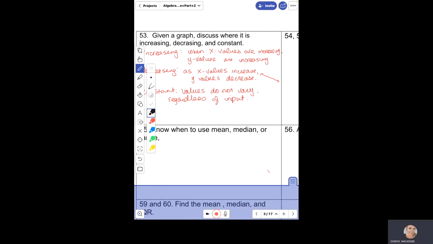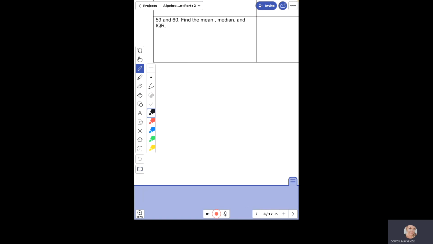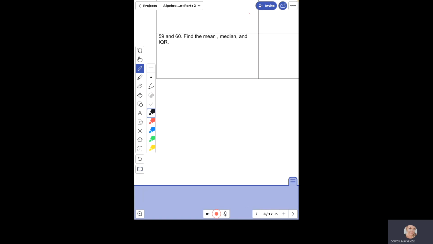If you have room here, you could draw it here. Otherwise, I'll show you. I'm going to draw a graph down here on the bottom to show you what this looks like. Just like we had on that one before, we've got part of a parabola and then a straight line.